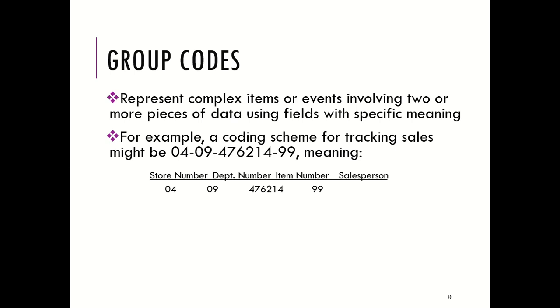So, yung first 2 numbers represents kung anong store number. Tapos, yung 09 represents the department number. Then, yung 47621, that's an item number. Then, yung 99, that's a salesperson. Medyo, sorry, nagulo yung sa screen na number. Now, okay, so it has a meaning per particular item.